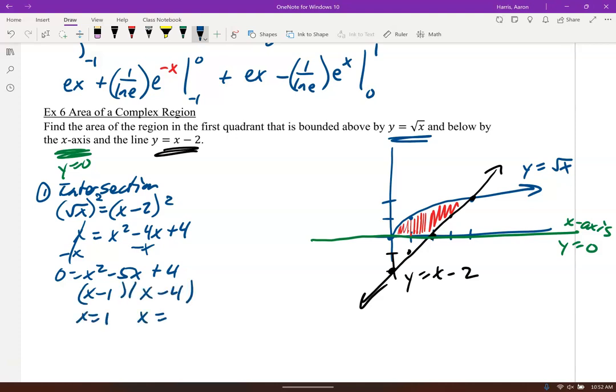Notice these don't hit at 1. They only hit right there at 4, right? So again, when you square both sides, check for your extraneous solution. So that's where those two meet.